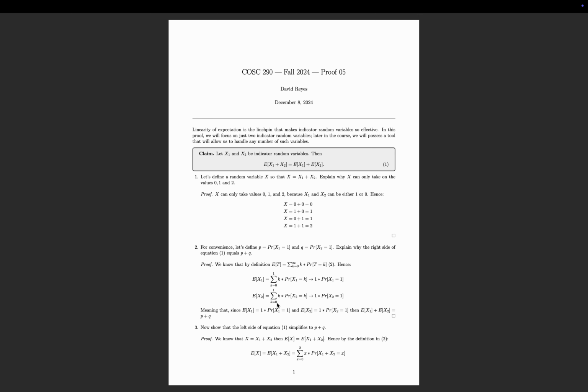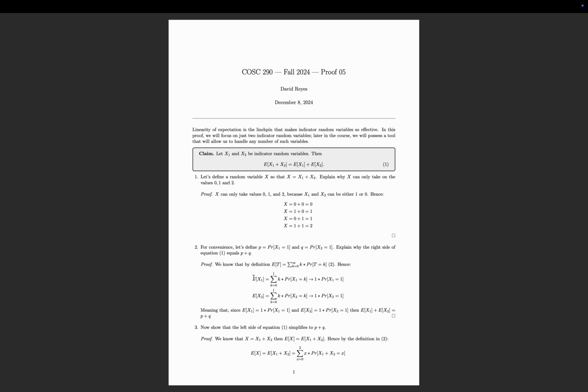Since both of them range from 0 to 1, there should be a 0 times the probability that x2 equals 1, and the same applies for x1. But I didn't put that because everything multiplied by 0 is 0, so that amount is not significant.